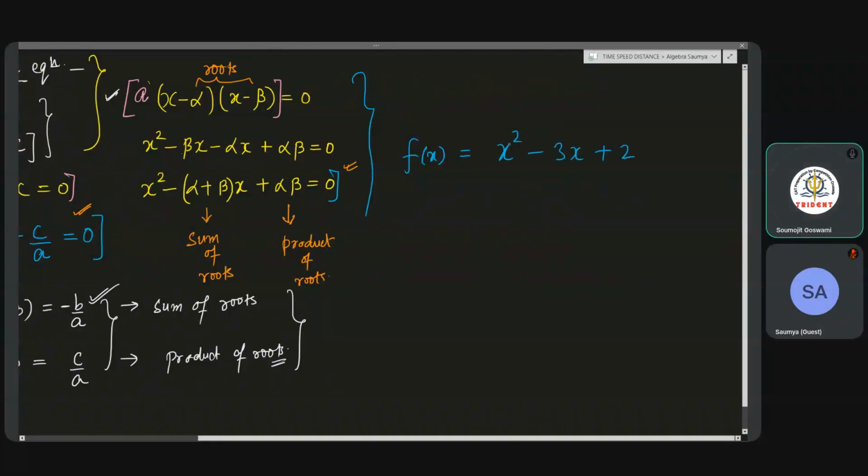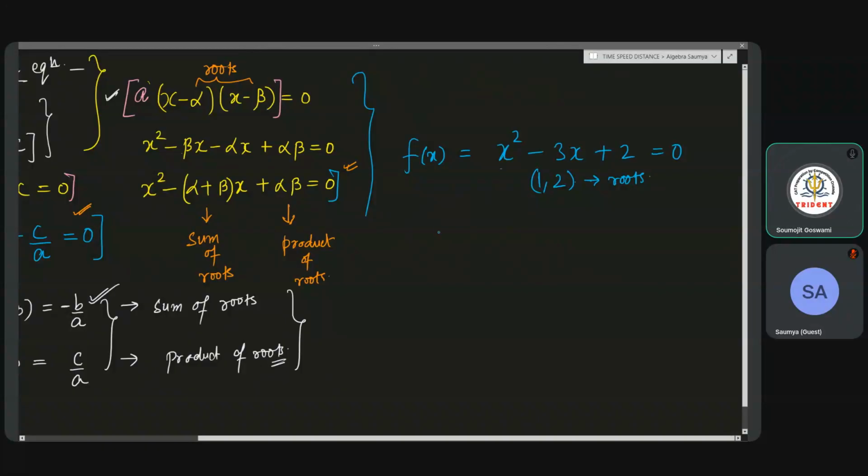Obviously this is a quadratic function and it will have its own unique roots. If I equate it to 0, you will be able to find the roots of it very easily. I know we haven't done the middle term splitting business, but I am pretty sure you have understood what I'm going to do. This is going to be x minus 1 into x minus 2. So the roots are going to be 1 and 2.